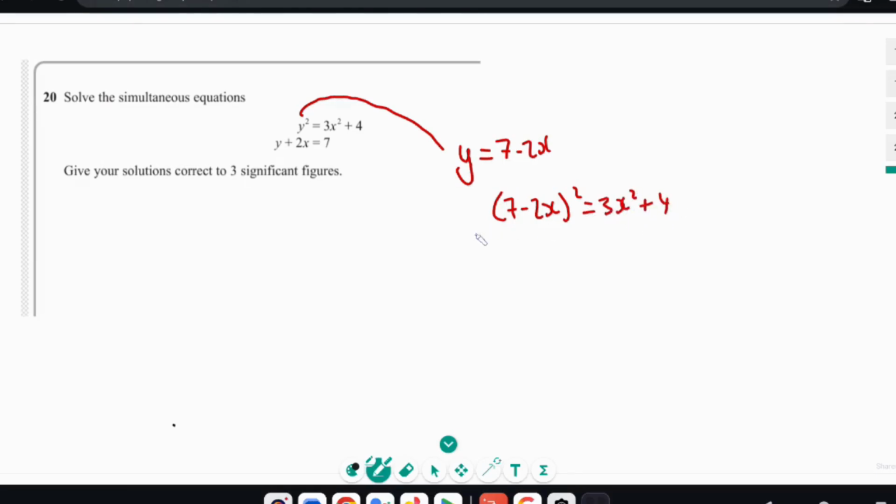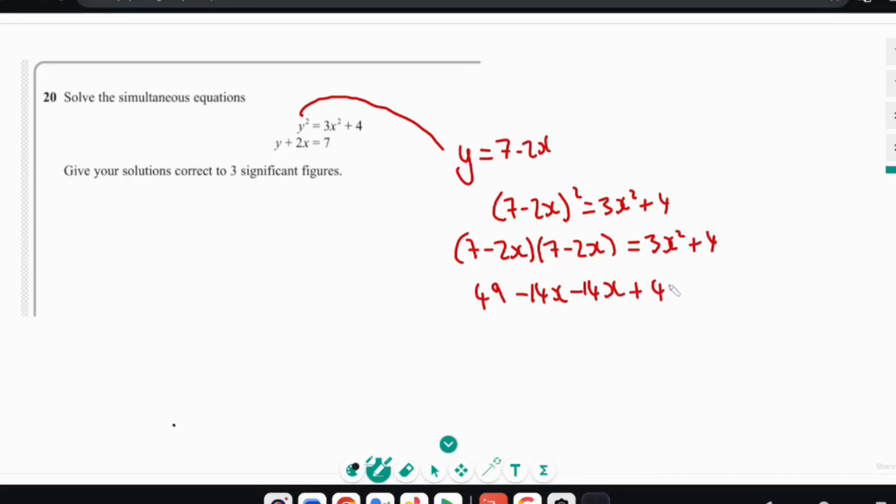We've got a double bracket here. So 7 times 7 is 49. 7 times minus 2x is minus 14x, minus 2x times 7 is minus 14x, minus 2x times minus 2x is plus 4x squared.